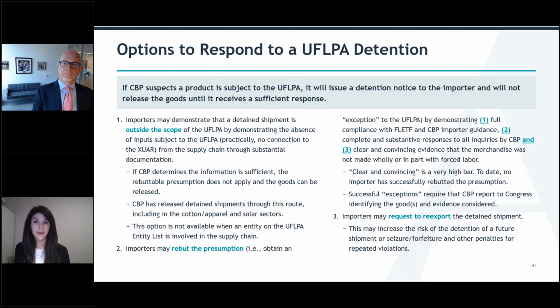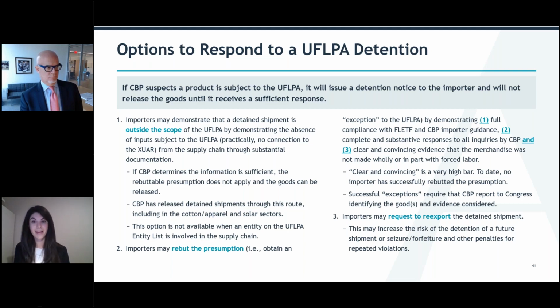So if an importer receives a UFLPA detention, that importer has three main options. Probably the most viable response is to request an applicability review, by which the importer has to demonstrate with clear and convincing evidence that the detained good shares no nexus to the XUAR and thus falls outside of the scope of the UFLPA.